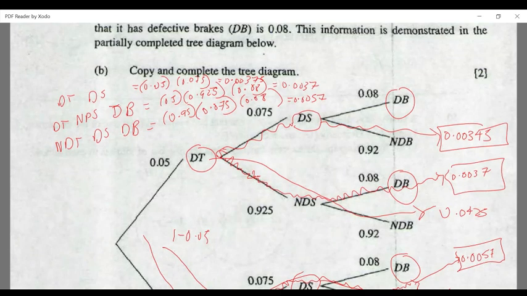So dt ds db, this will give you, there's a lot of math there, a lot of tedious work. So 0.05 times 0.075 times 0.08. This has at least 1 defect, so it's 0.0003.